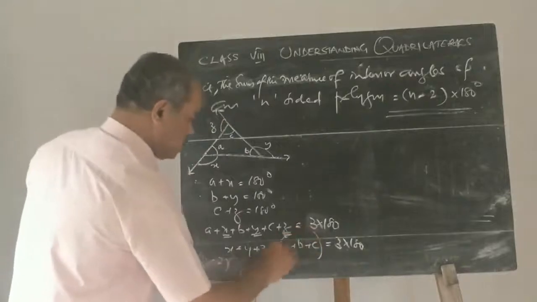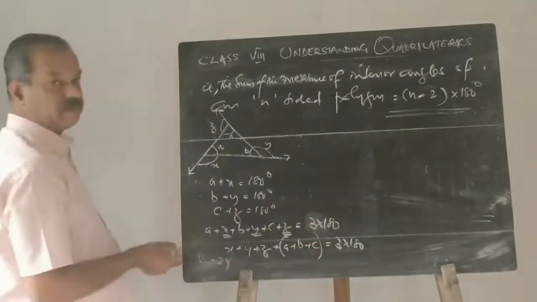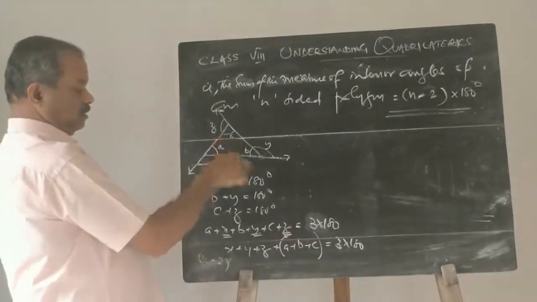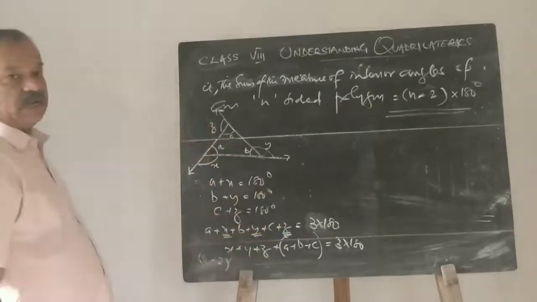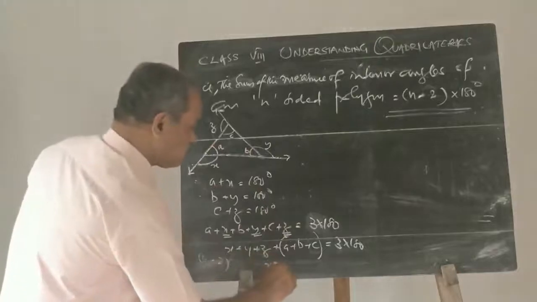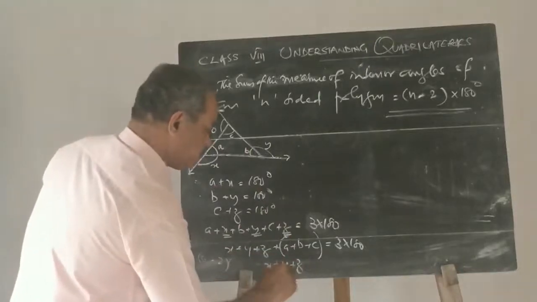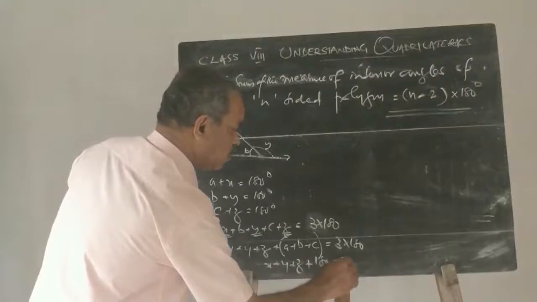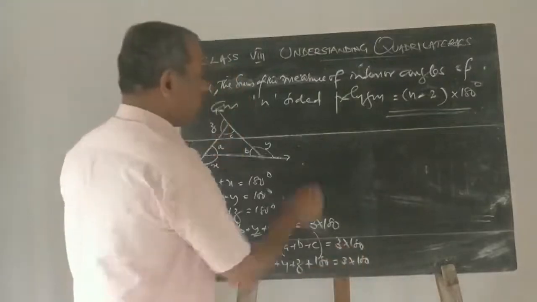The interior angles A, B and C of the triangle sum to 180. So X plus Y plus Z plus 180 equals 3 into 180.